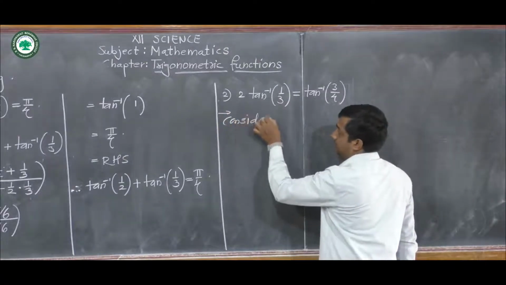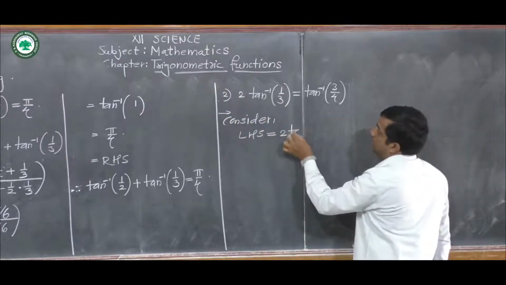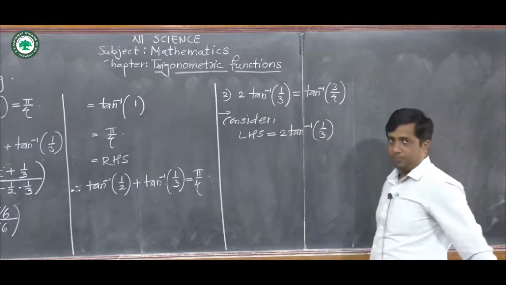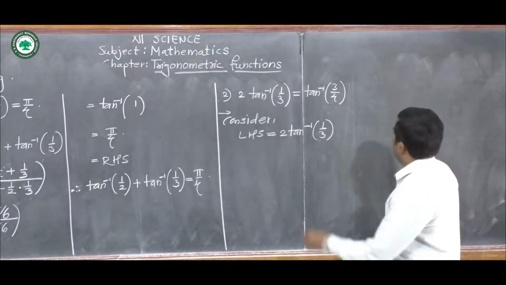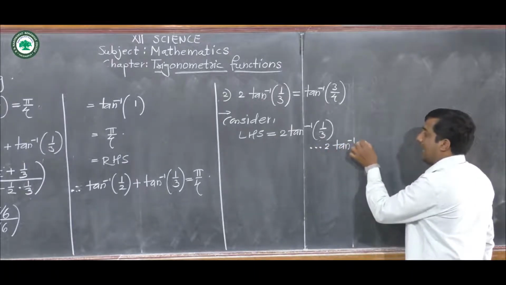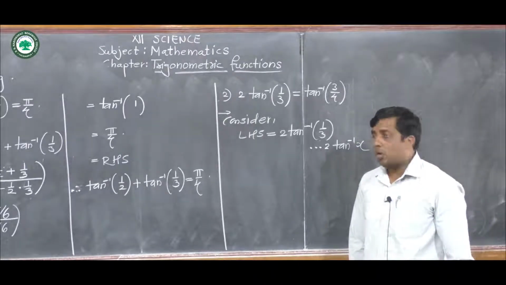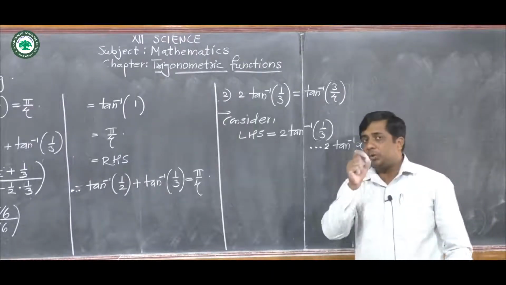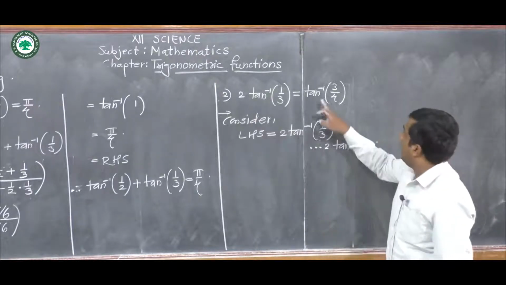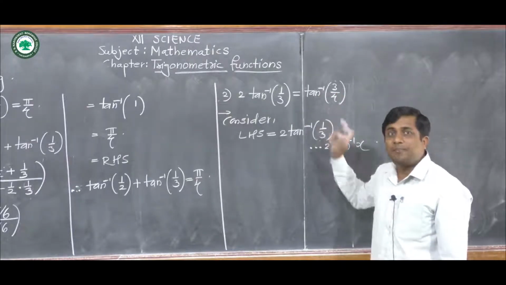Consider LHS is equal to 2 into tan inverse of 1 upon 3. Now here we know this is in the form 2 into tan inverse of x, and we know the property related with this. In the RHS, given tan inverse of 3 by 4, that is in the form of tan inverse.